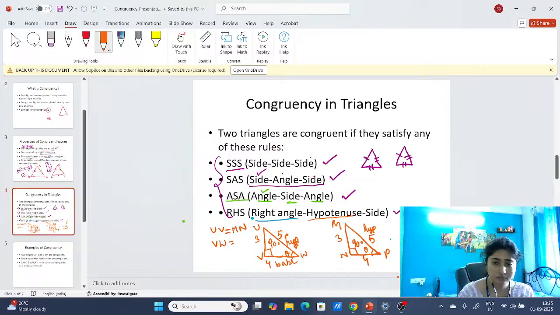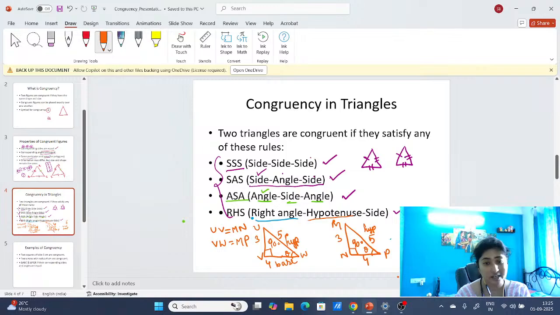Here UV and MN are the same, and VW is the same as NP. But sometimes we will notice that only one side is the same. Here I have taken this example where all the three sides are the same.